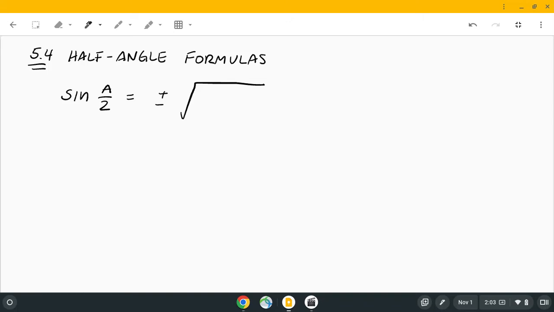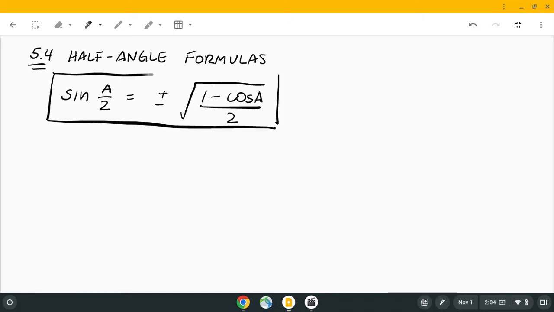Same thing here. The sine of some angle is going to be only one of these answers. We don't ever have two answers. I'll talk about how you know when it's positive or negative in a second, but this is the formula. This is on your formula sheet as well.